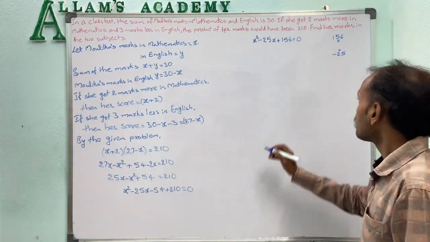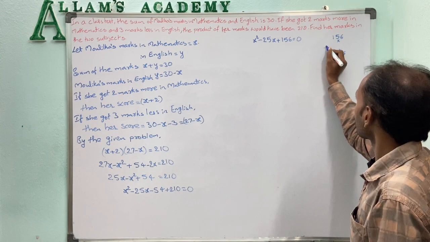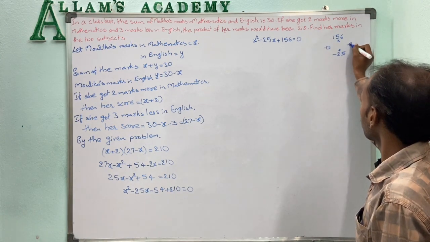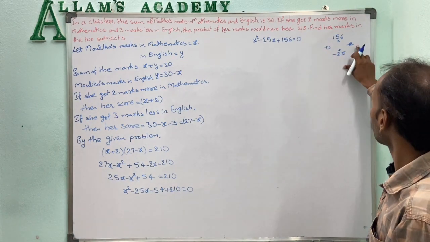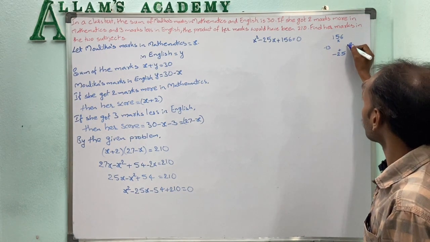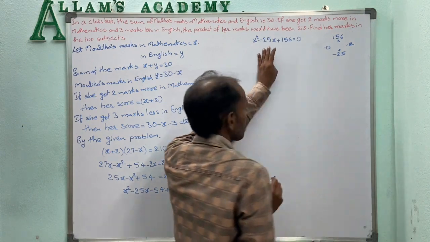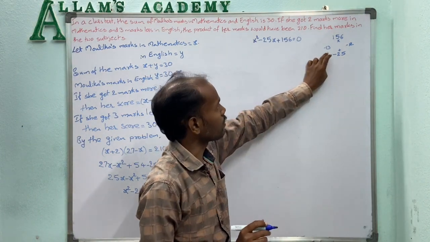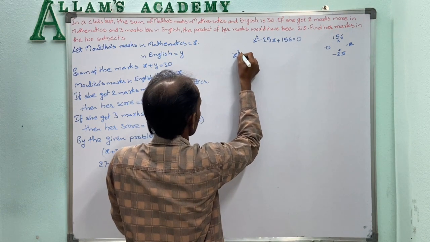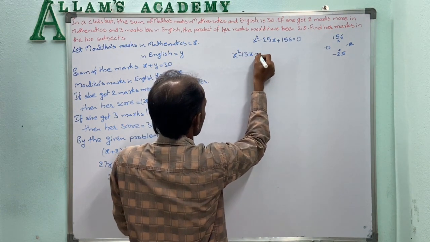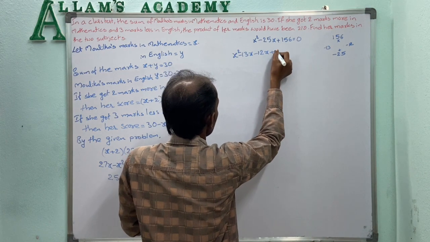So if I take minus 13 and minus 12, minus 13 into minus 12 is plus 156, and minus 13 minus 12 is minus 25. So in place of minus 25x, I am writing minus 13x minus 12x. So x square minus 13x minus 12x plus 156 equal to 0.